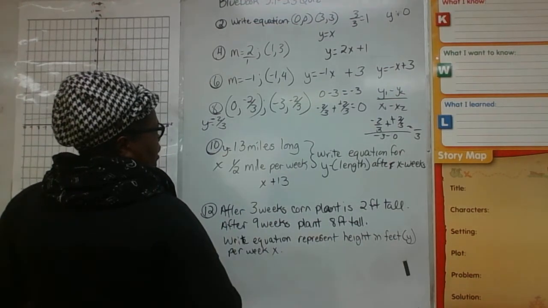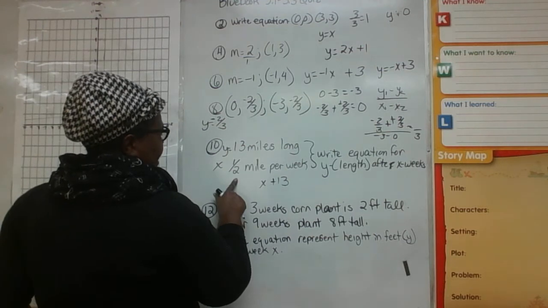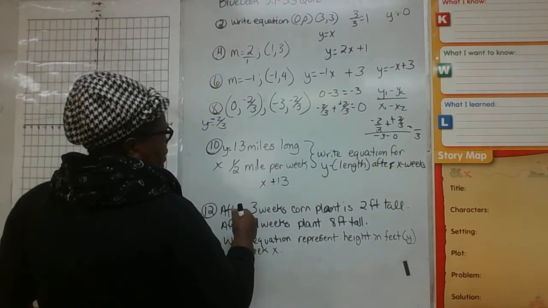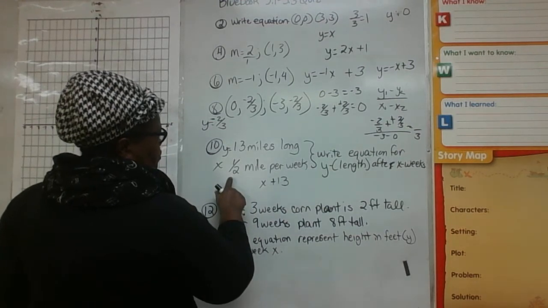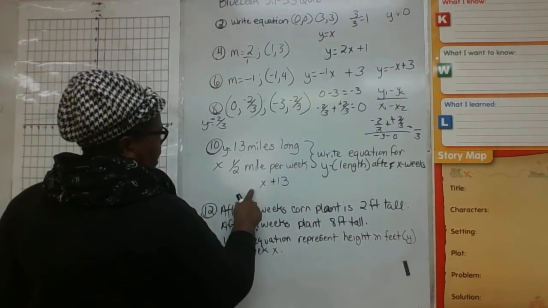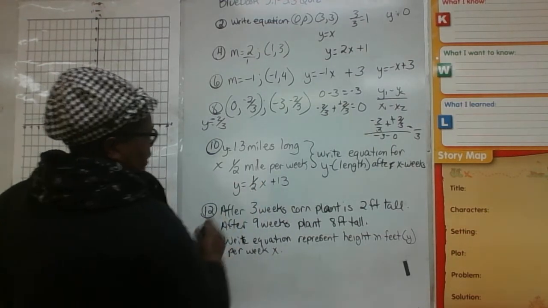Every week it changes by a half. Week 1, change by a half. Week 2, change by a half. So automatically, that is our slope, okay?